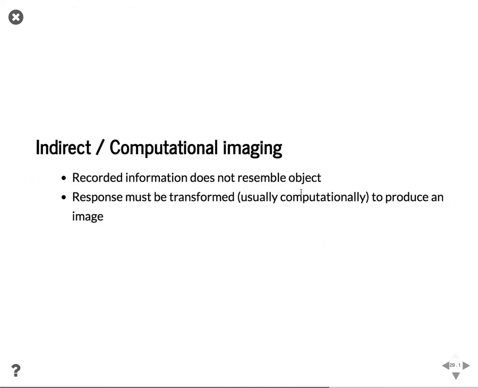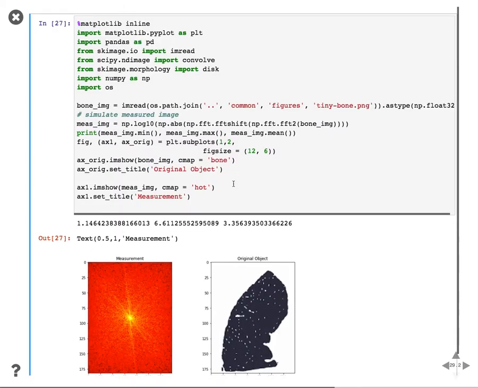Indirect is where you don't actually record the information you're interested in. You record some sort of information which requires a computational transformation to be made into something useful. Diffraction or scattering is the standard example of this, where you have something that's kind of the Fourier transform of your sample. And so you'll measure a pattern like that, and you'll reconstruct it into an image like this.